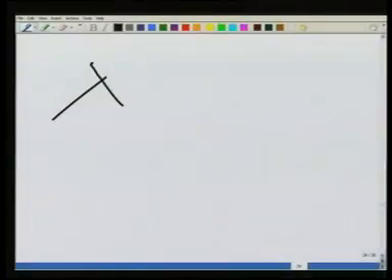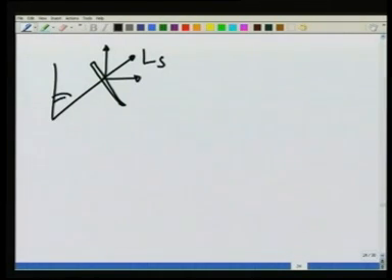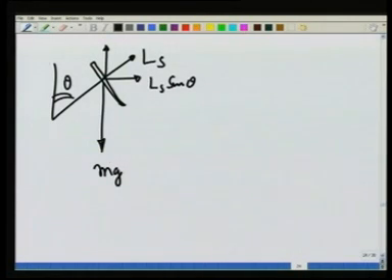Let me make a nice picture again. This is the wheel, this is L spin, this is the vertical component which does not change. The horizontal component, if this angle is theta, is going to be L_s sine theta. There is an mg acting downwards, there is an N acting upward.